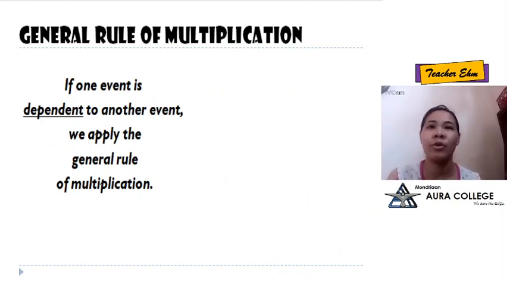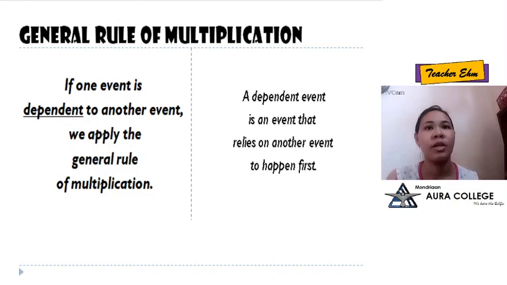General rule of multiplication. If one event is dependent on another event, we apply the general rule of multiplication. A dependent event is an event that relies on another event to happen first.